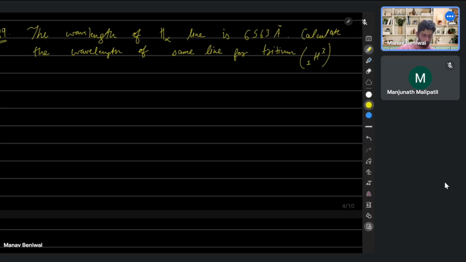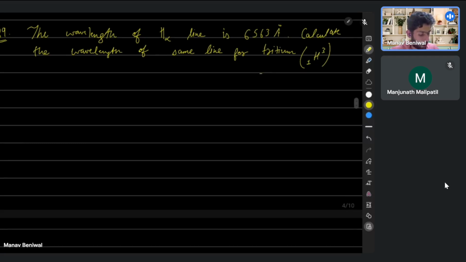Okay. So instead of hydrogen, now we have to calculate the same wavelength for another atom, which is known as tritium. So what is tritium? Let us draw hydrogen. It has one proton and one electron.